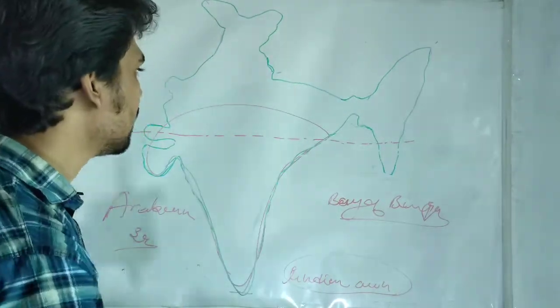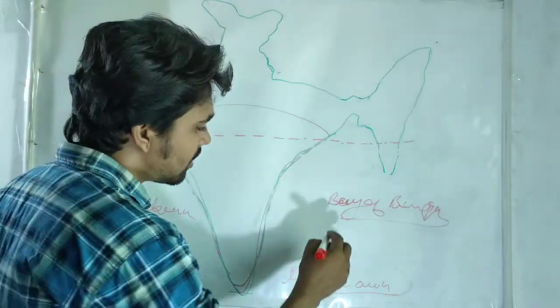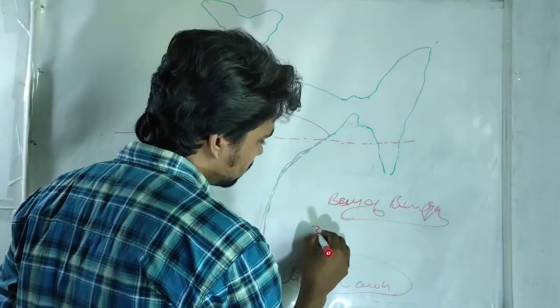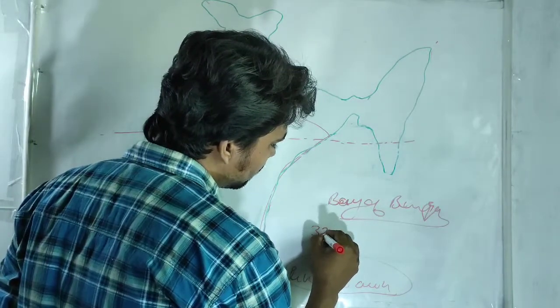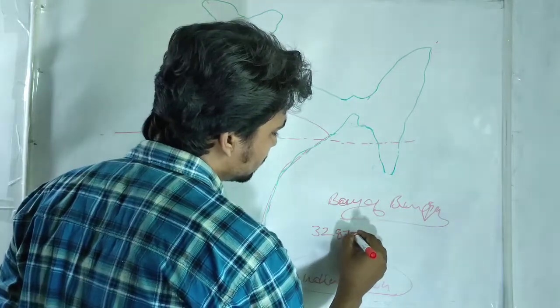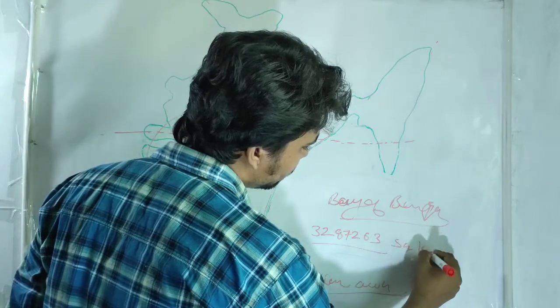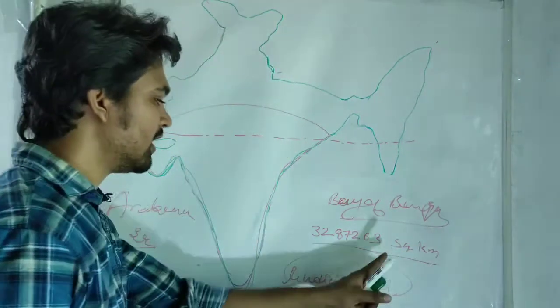Friends, the total area of India is about 32,87,263 square kilometer.